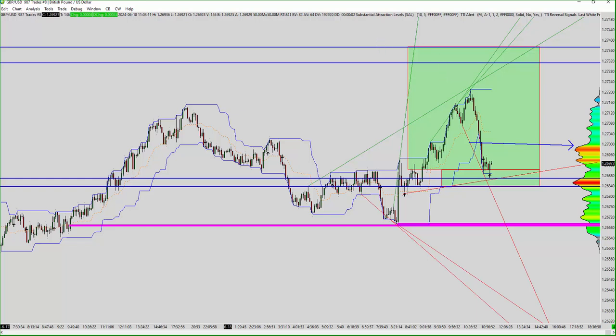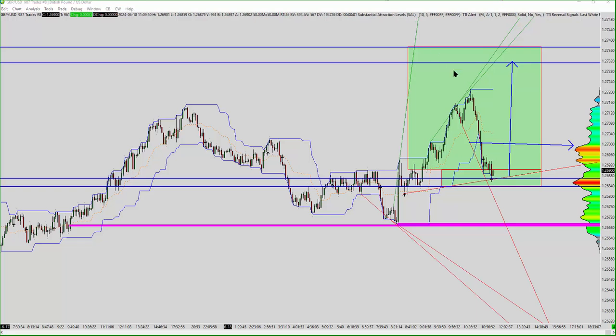I have to wait for the next level, etc. The pound struggled in the area, but the stop loss is still here. And there's a power line that might help the thing stabilize. But let's see what's going to happen. The idea is to keep it, take the first target, if we get to the first target, and have a runner all the way up to this area, either this lower line or the upper line.